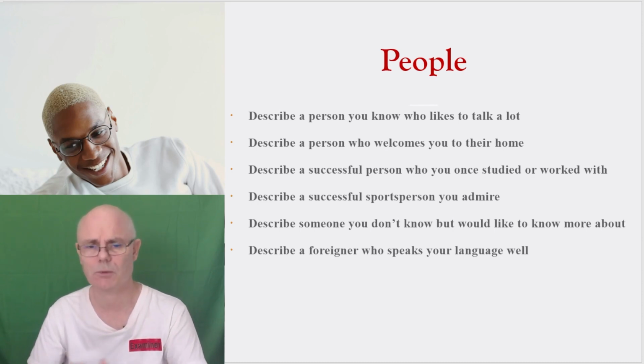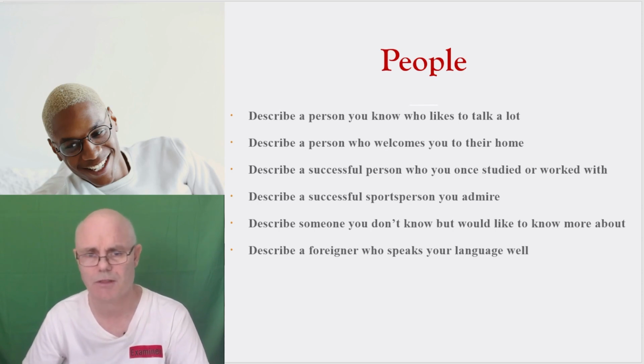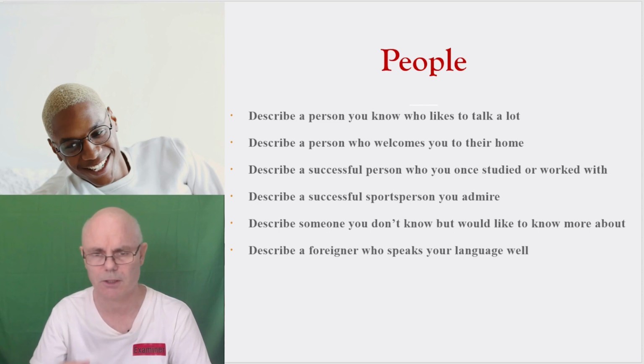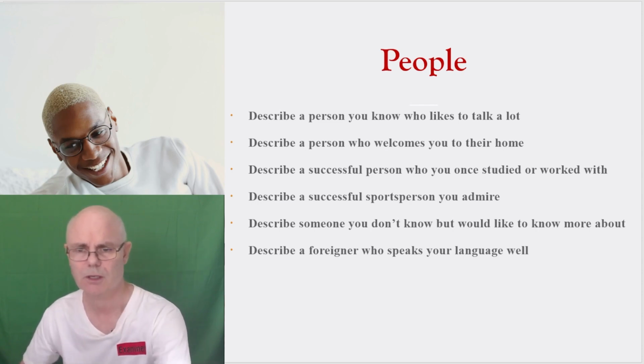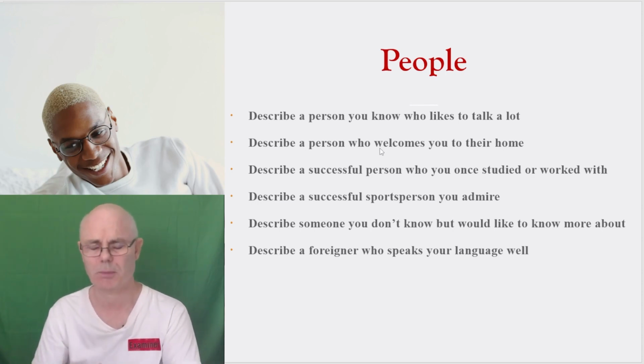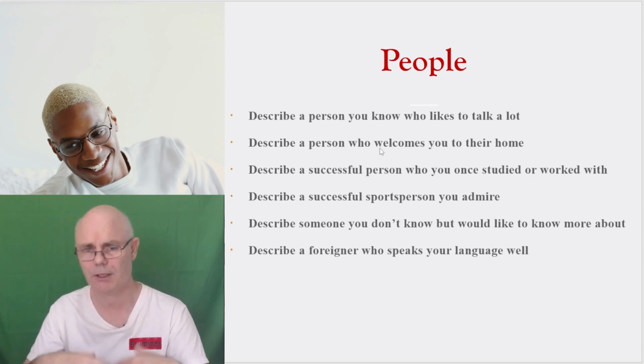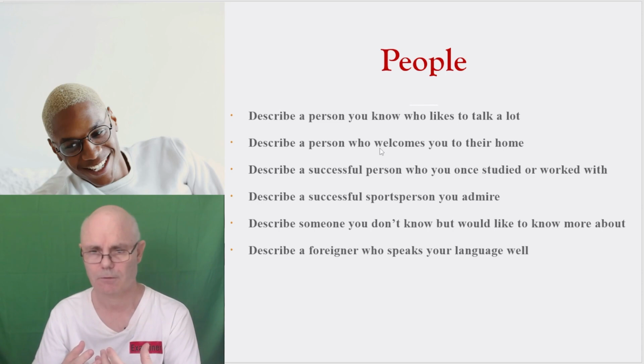So the first thing that I would encourage you to do is try and think of some of the topics that could be answered with the same person. So if we look at the first two, a person you know who likes to talk a lot, a person who welcomes you to their home. This could well be the same person, right? So you could build an answer for the topic that just involves the same person and the same sort of story and answer.